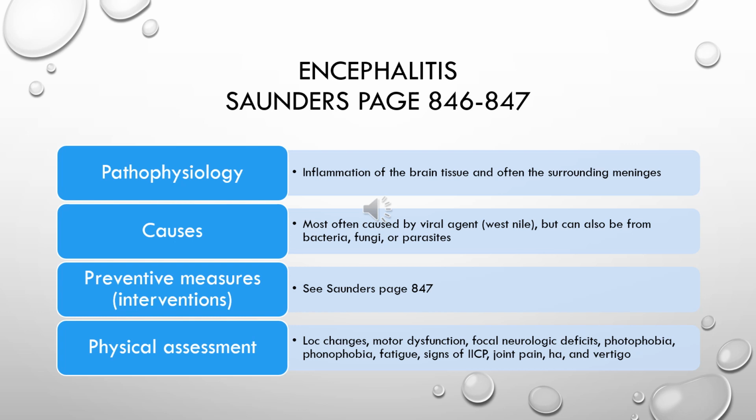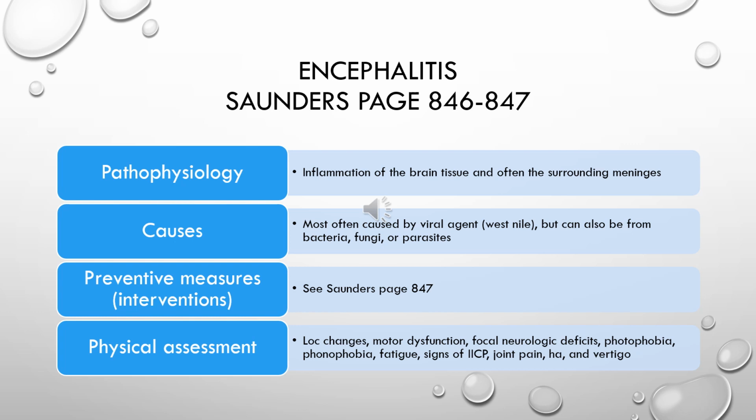Physical assessment wise, it's going to be very similar to all the other ones we've been talking about. They can have changes in their LOC and some dysfunction with motor skills, depending on where the encephalitis is and what areas of the brain are being affected. So you may have some focal neurological deficits. They will probably have sensitivity to light as well as noise, that's what phonophobia is.